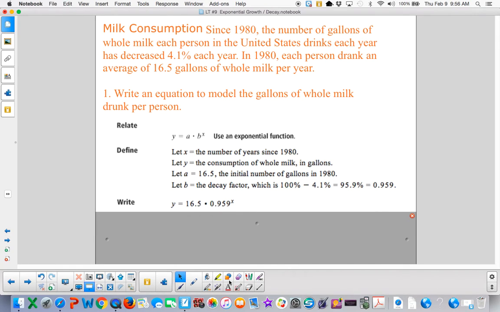Now the reason why our decay factor here is not 100 plus is because it's decreasing at 4.1%. So what I'm essentially doing is taking 100 and subtracting 4.1%. That's going to give me 95.9%, or written as a decimal, 0.959. That's what you use because this is decaying. It's not going to be greater than 1.